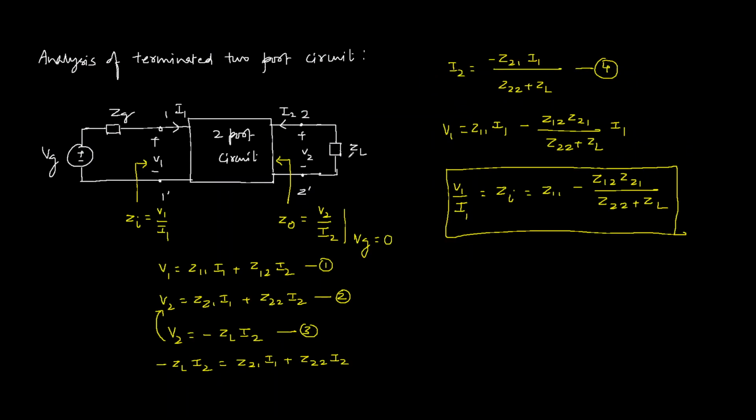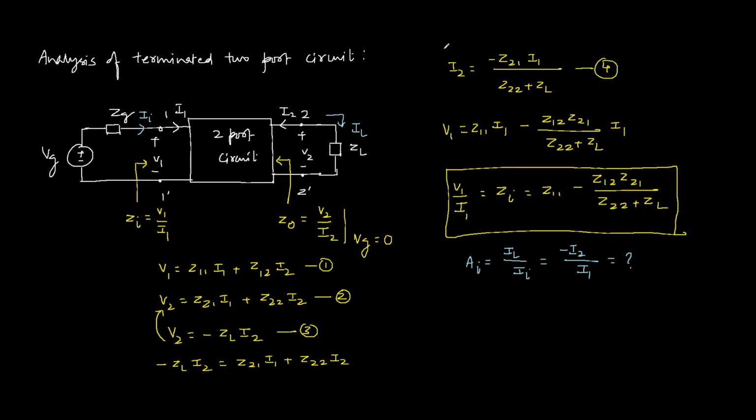Coming back to the original circuit. Now for this circuit, can we find out the expression for current gain AI, which is simply the load current IL over the input current? This current is II, the input current. So this IL is nothing but -I2 and the input current is I1. So what should be the expression for the current gain?